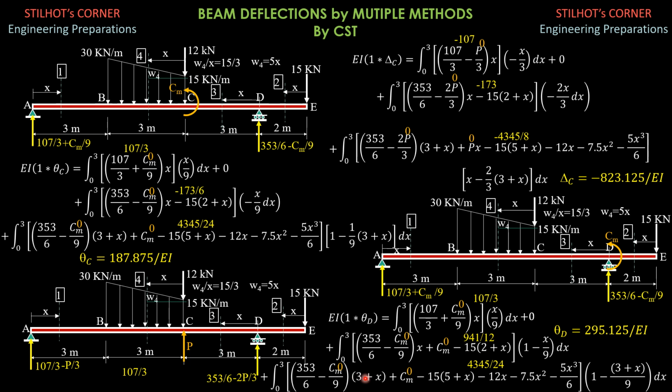The derivative of this moment equation with respect to C sub n is 1 minus 3 plus x over 9 dx. Setting C sub n 0 prior to integration and evaluating the integral, it is 4345 over 24. Combining with 941 over 12 and 107 over 3, theta D is 295.125.